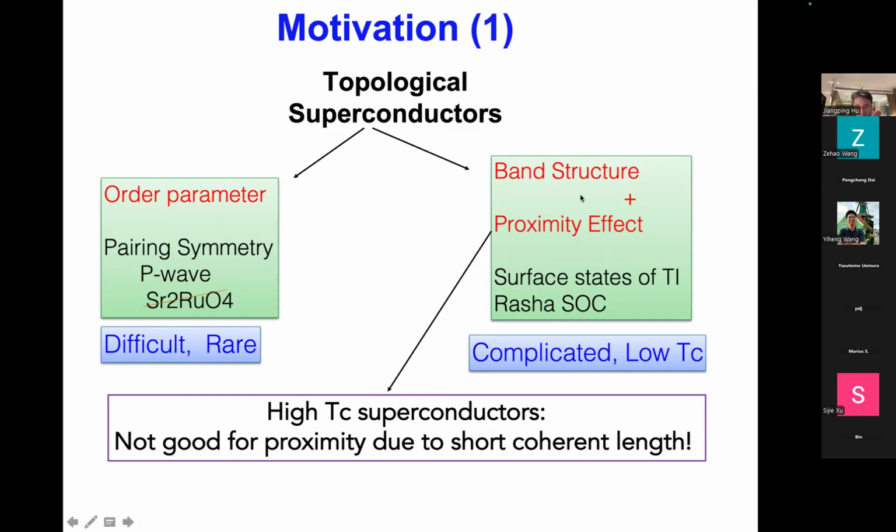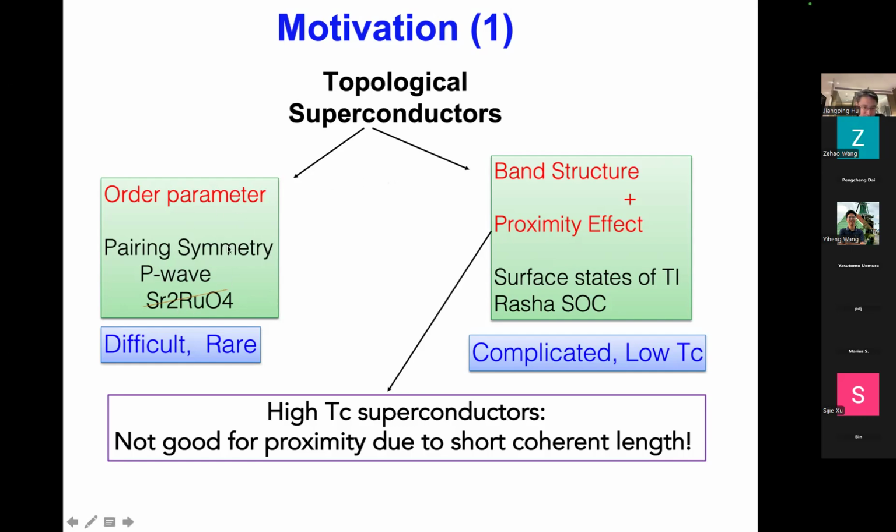Also later, there was another proposal using the topological insulator surface state. If the surface state is in proximity to a superconductor, the proximity effect will make this surface state a superconductor, just like a p-wave superconductor. So basically, there are two ways to create a topological superconductor.